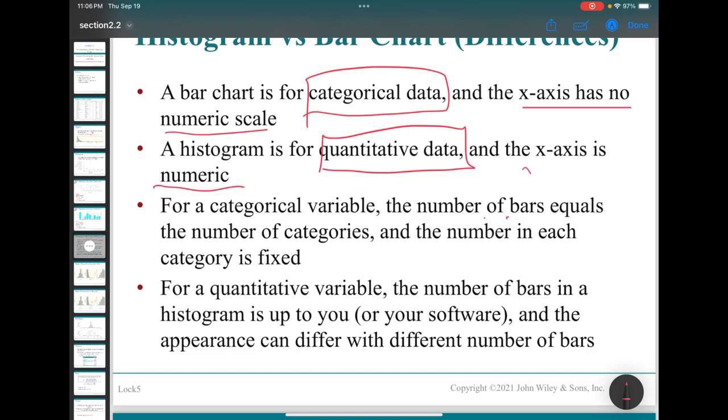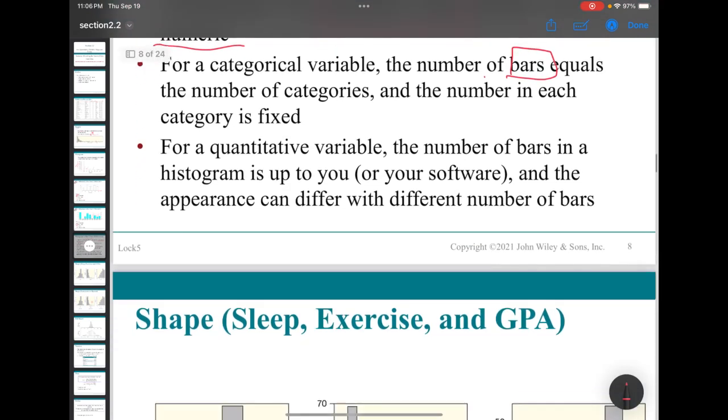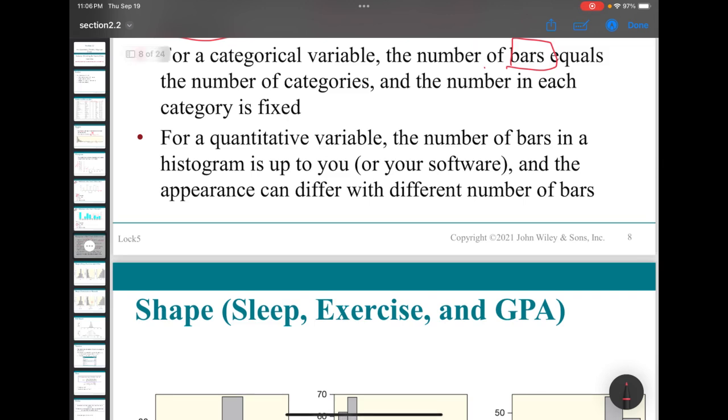In bar chart, the number of bars represents the categories. It is fixed. For quantitative variable, bars in this histogram, it is up to you. You can decide how many bars you need to set up, or software can automatically decide how many bars to use.